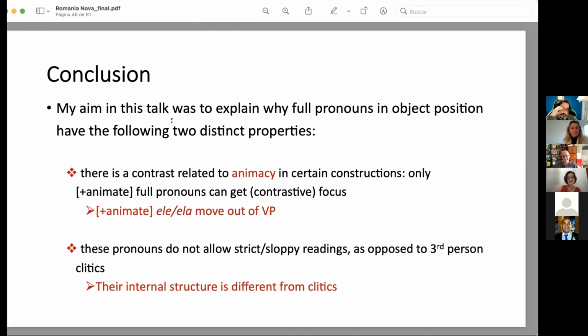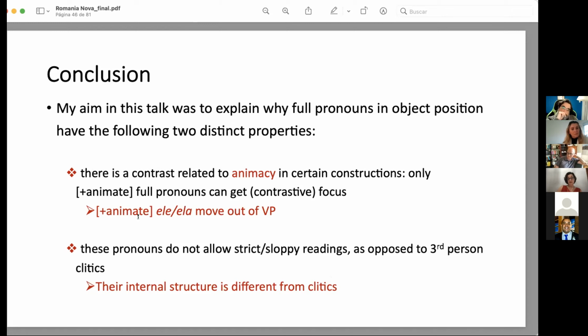So my conclusion is that the aim of this talk was to try to explain these two properties. Maybe they are related or maybe they are not related. We have to think about this. So there is a contrast related to animacy in certain constructions, because only plus animate full pronouns can get contrastive focus.